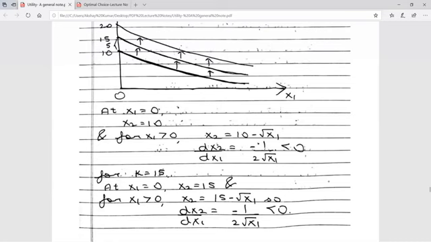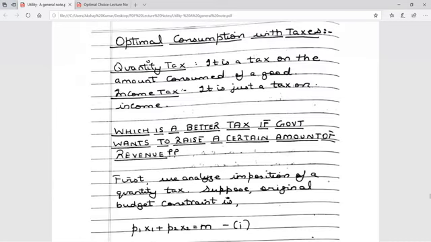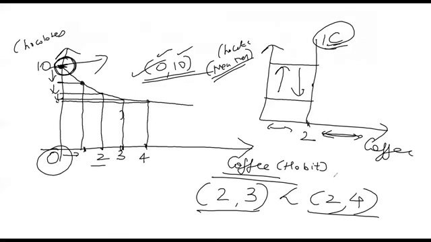Okay. Then this is the last topic, optimal consumption with taxes. So again, let's first understand this on the whiteboard. This is the last topic, then this chapter will be over. Optimal consumption with taxes.